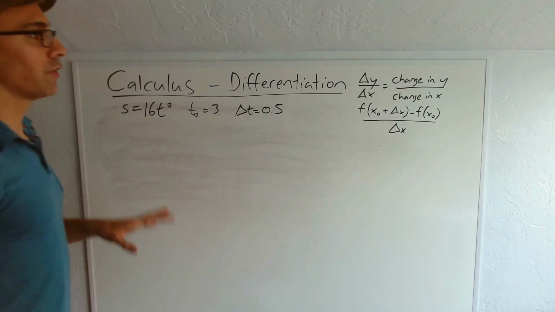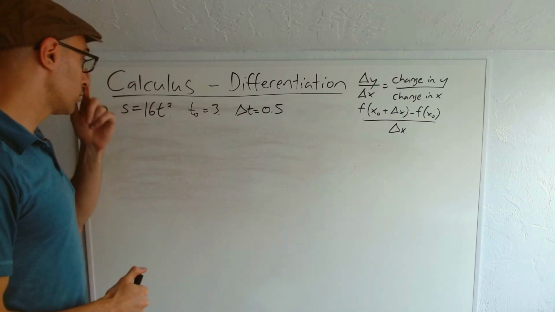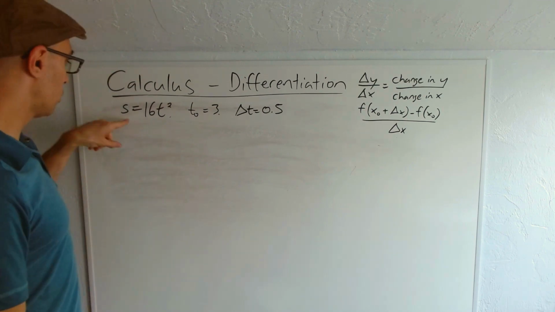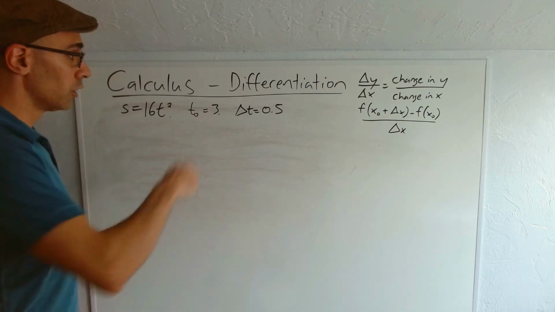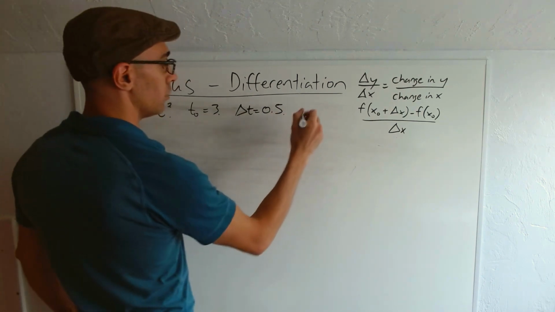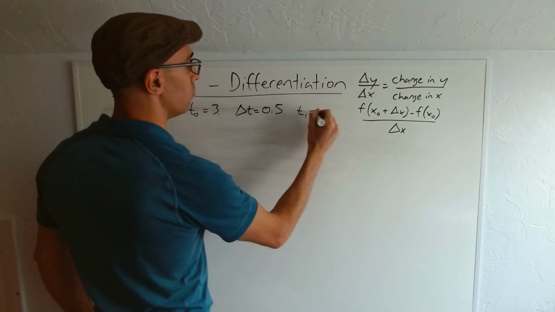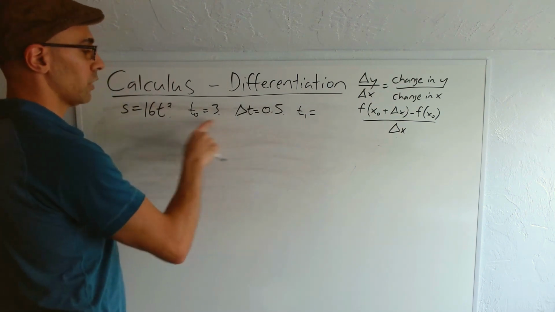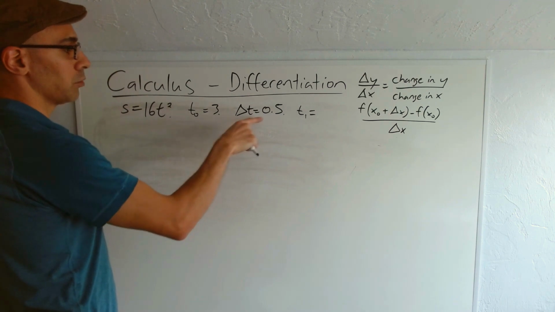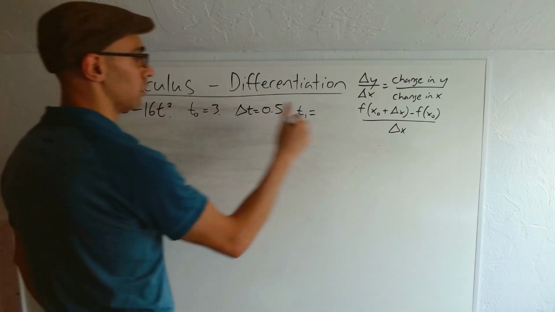And we are told to find the average amount, the average rate of change of s when we change t starting at 3 and changing by this much. So that means the second value of t, let's say t1, because t0 is 3, t1 would be the next increment, which would be 3 plus the change in t, would be 3.5. I'm just going to write that down.